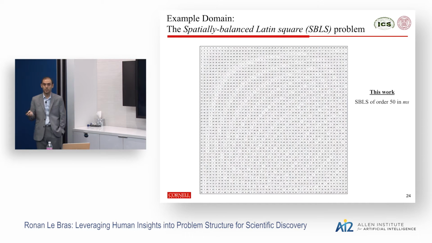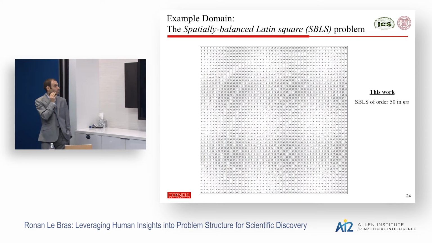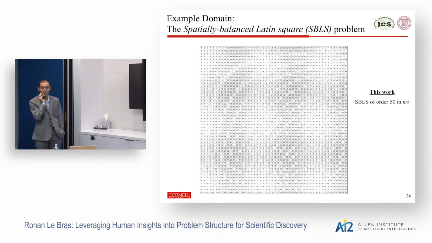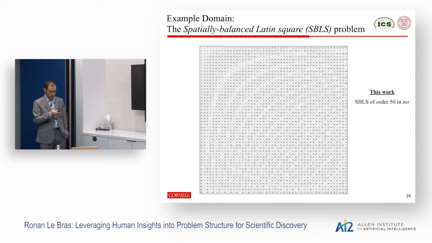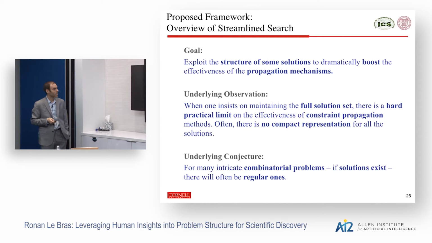To generate this one, it took milliseconds, as opposed to weeks of computation for the other one of size 35. So now we can generate an infinite family of spatially balanced Latin squares in polynomial time.